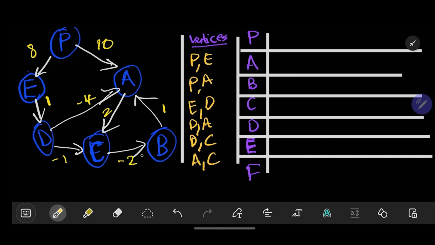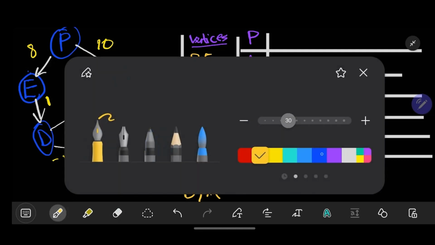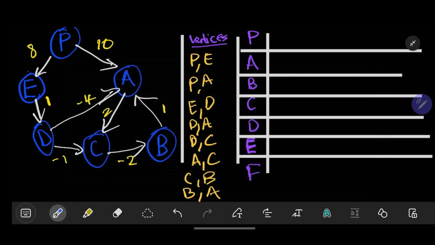Then we'll have CB, so CB here, and then we'll have finally BA. Okay, so that is all of the edges that we have. So we have 1, 2, 3, 4, 5, 6, 7, 8 edges for this graph.